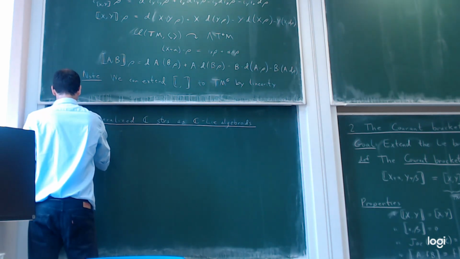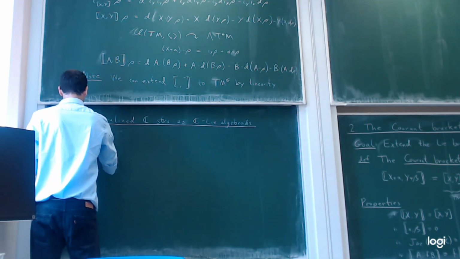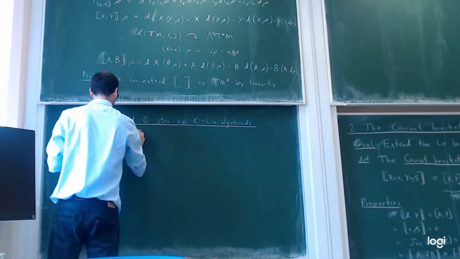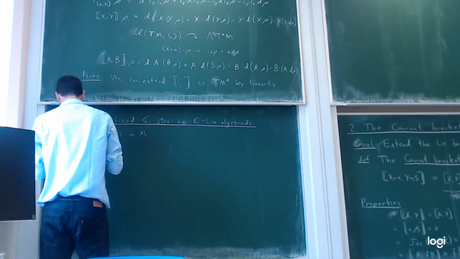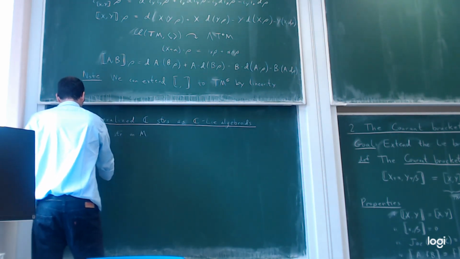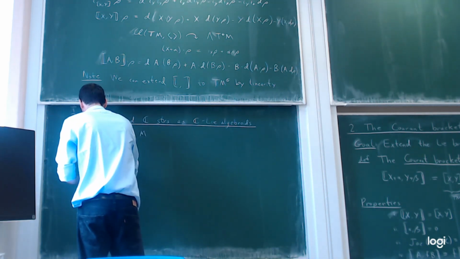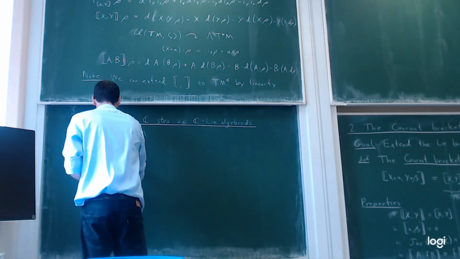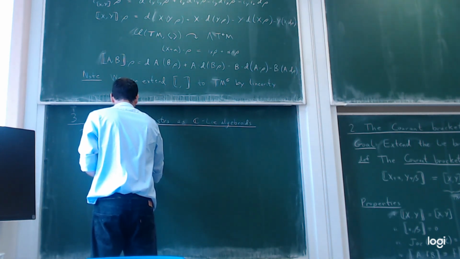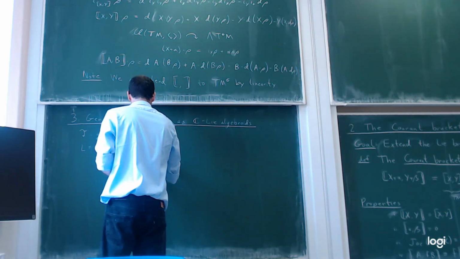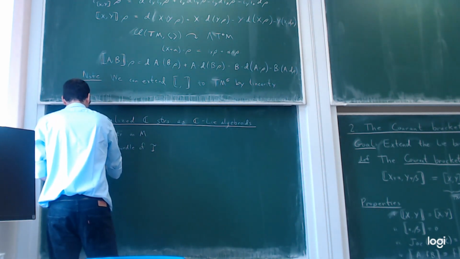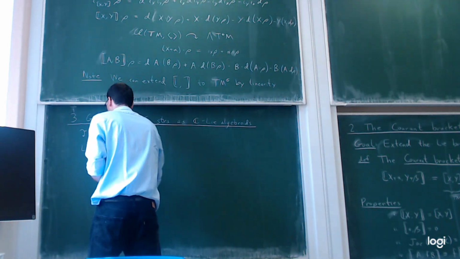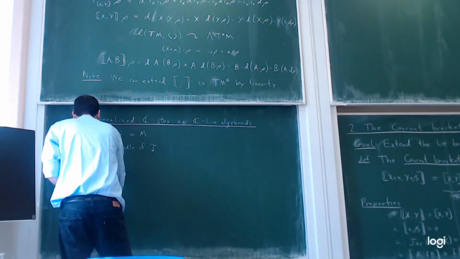So let J be a generalized complex structure on M, and let L be the plus i eigenbundle of J. So note that L is a subbundle of the complexified extended tangent bundle.